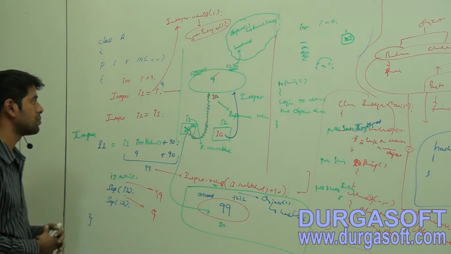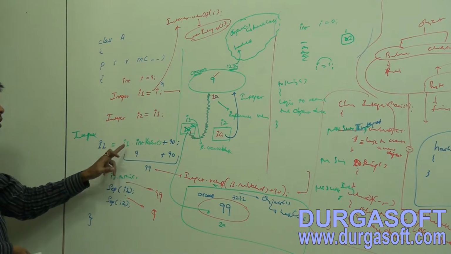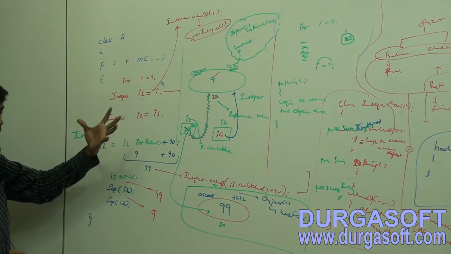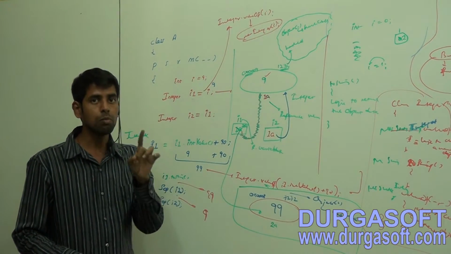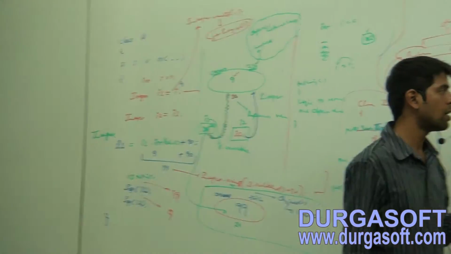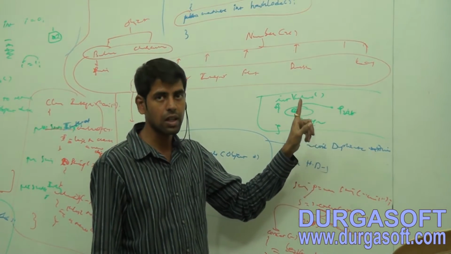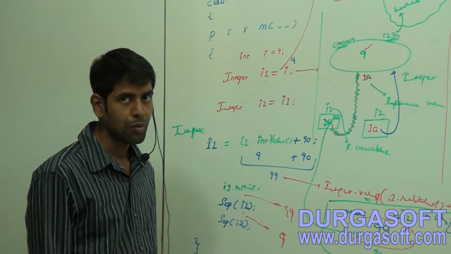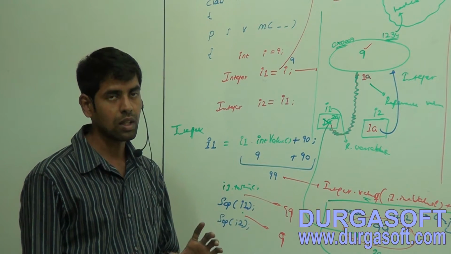Now next within this statement, what have I done? I have converted the I1 wrapper object's wrapped primitive data to primitive, that is called AutoUnboxing. After performing this AutoUnboxing, what am I doing here?